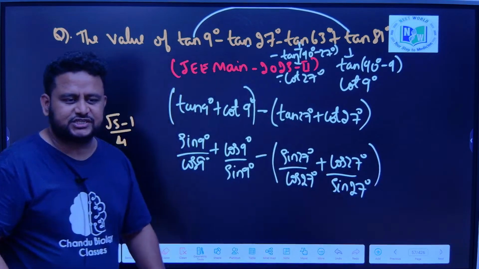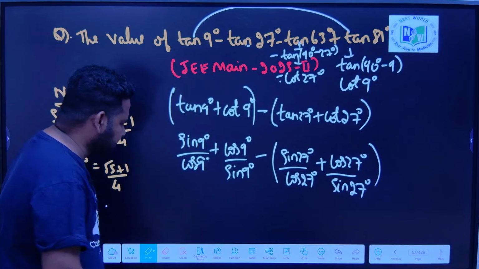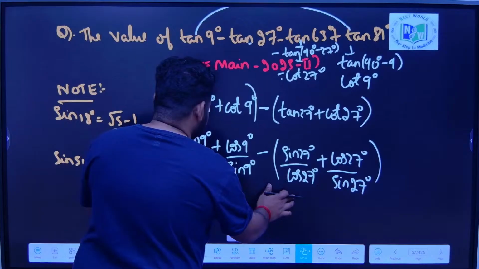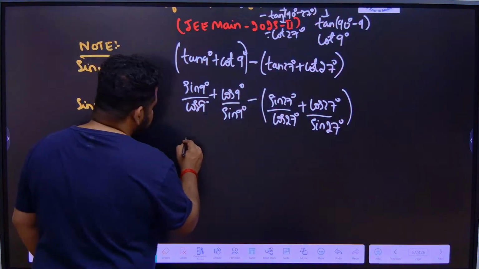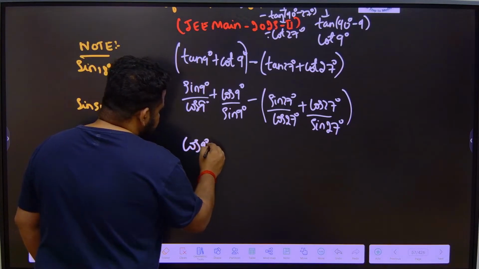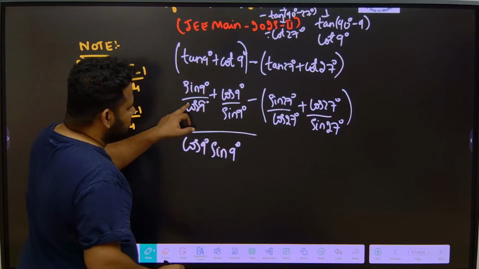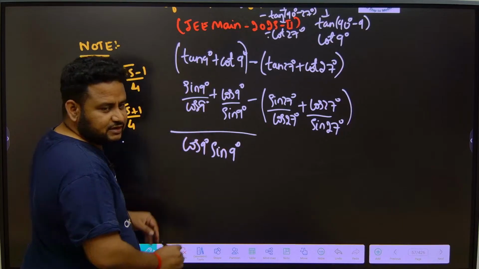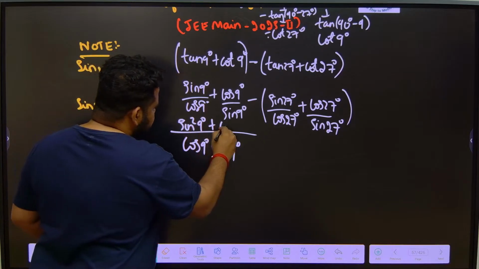Now what should I do? I should just take the LCM. The LCM for this is cos 9 degree into sine 9 degree. Cos 9 and sine 9 in the denominator. Now the numerator becomes sine square 9 plus cos square 9.